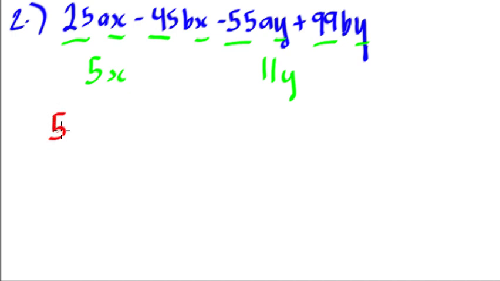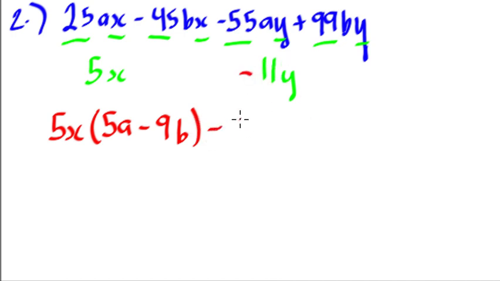What we have is 5x times the quantity of 5a minus 9b. Then I want to get the minus sign in the 11y, so we put minus 11y.